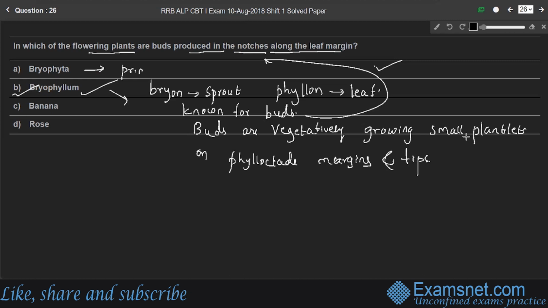Like Funaria, Riccia, etc. Whereas banana, it's a berry fruit, and it is the largest herbaceous flowering plant, right? And rose is an ornamental flowering plant, that propagates by stem cutting. So for the given question, option B is the right answer.